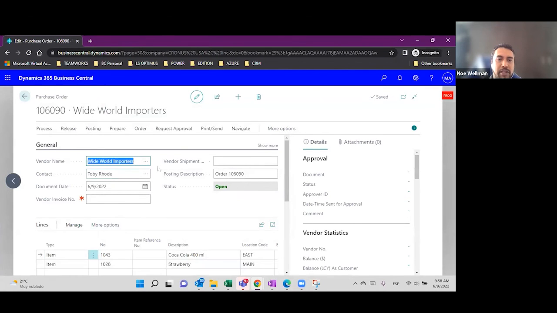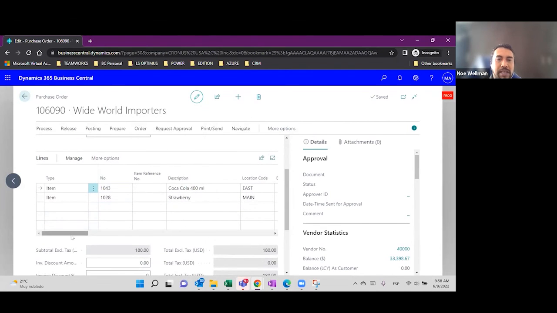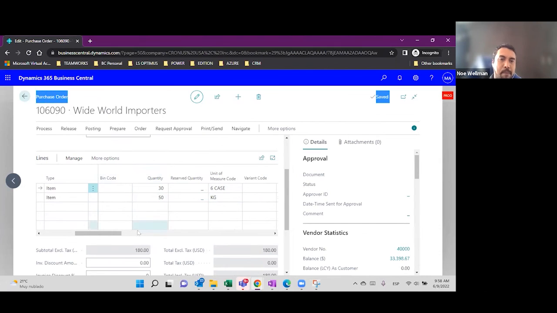These are my purchase orders there. For one of my vendors, called Whiteboard Importers, I'm now requesting the Coca-Cola and strawberries, with the unit of measure and the total to pay, and this is the purchase order that I planned to have.